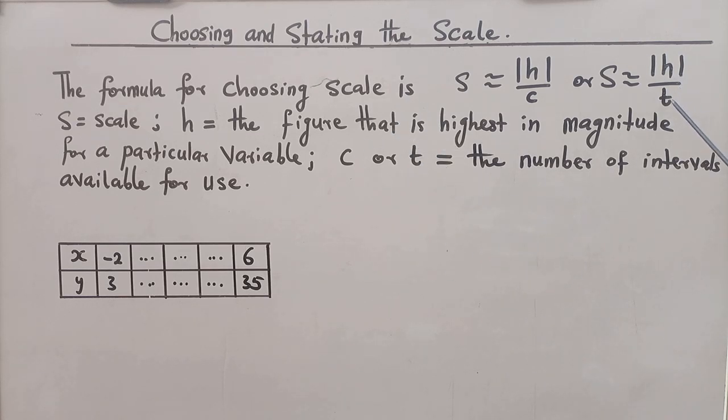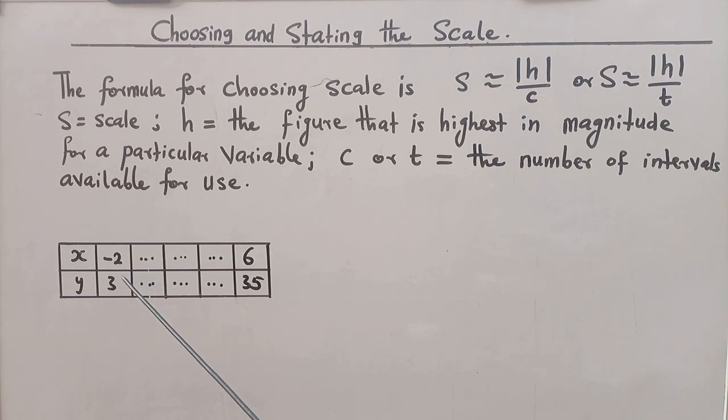What about t for this? How do we get it? We also remember that this 35 is plus 35. What it means is that the scale for y will be chosen only along the positive y-axis.